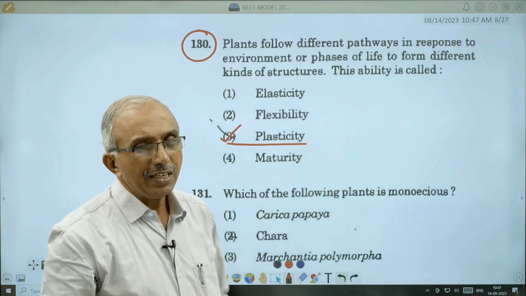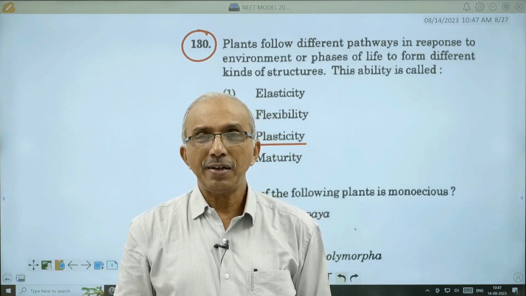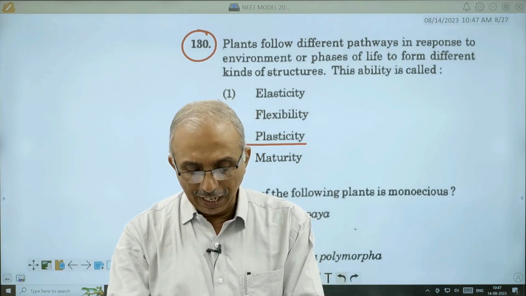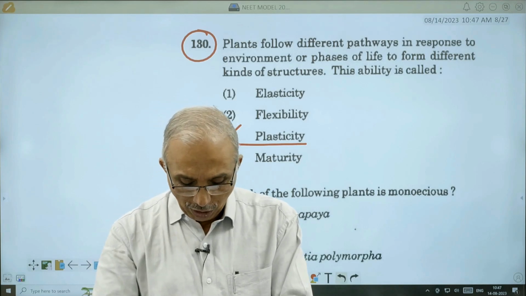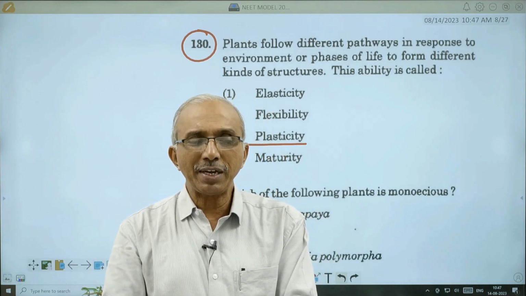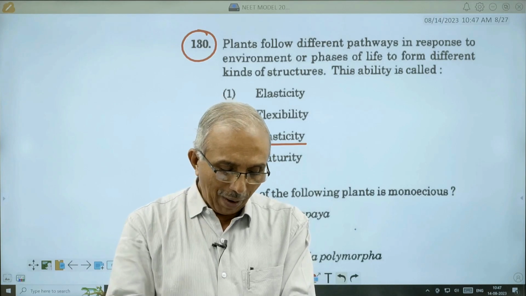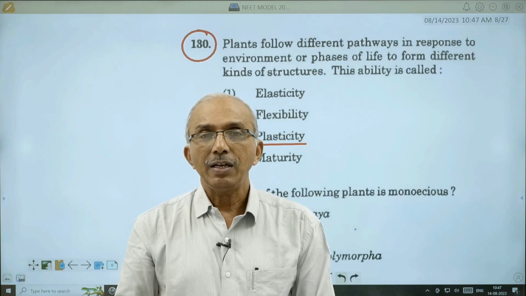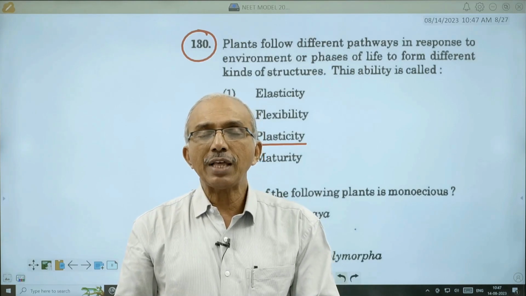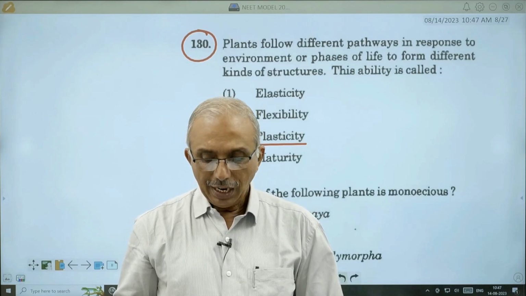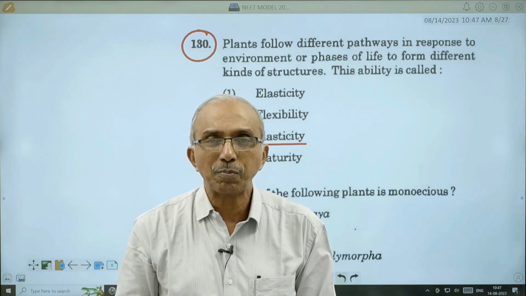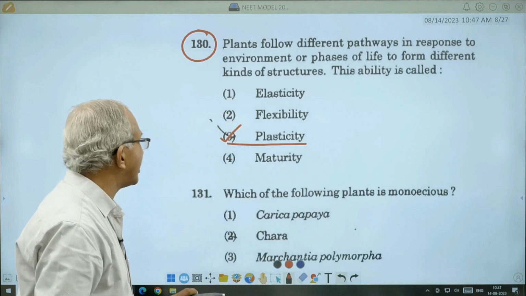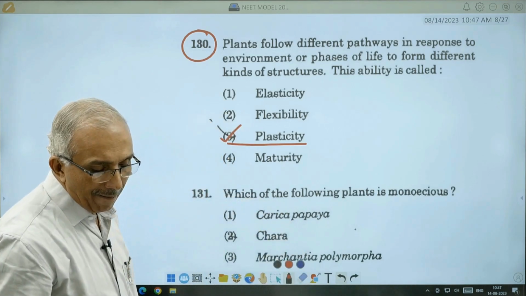That is, plant development is flexible. Depending upon the environmental changes, different types of development take place in the plant. This is what is called plasticity.